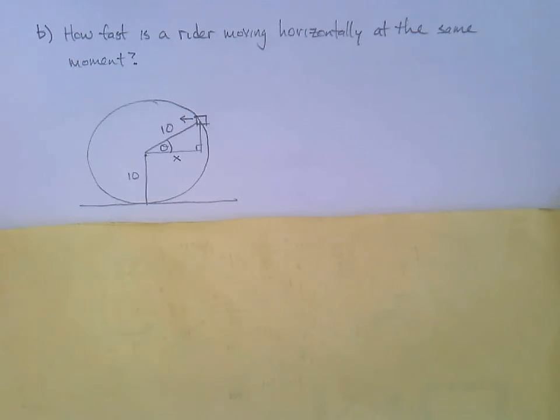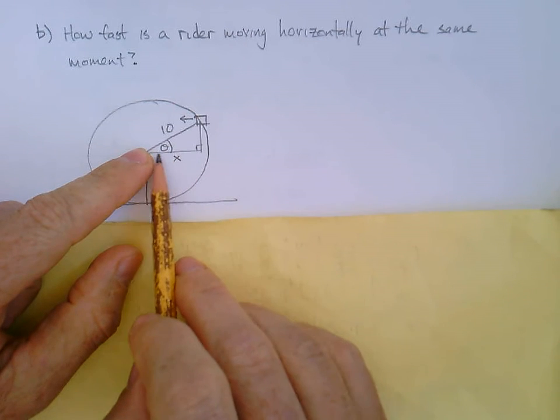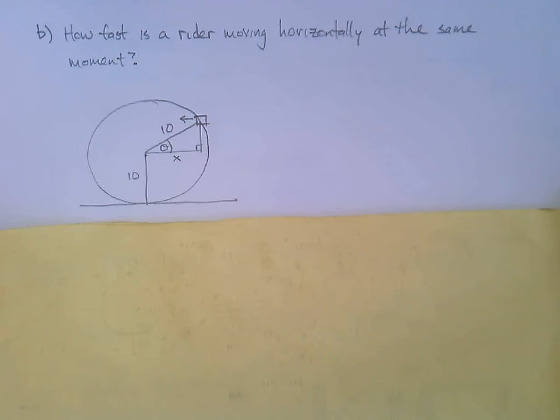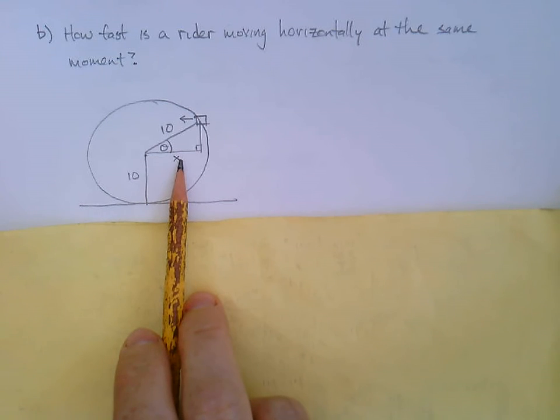If that thing continues up, then this distance on the triangle is going to shrink. And we've got that horizontal motion.